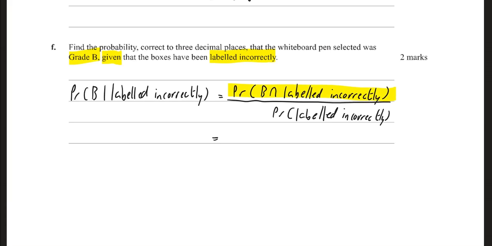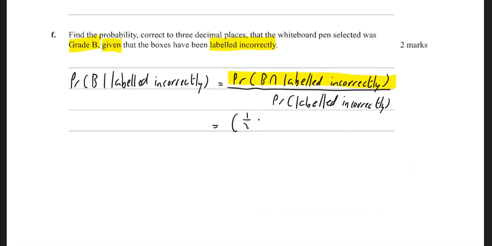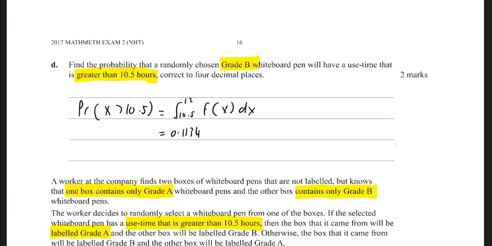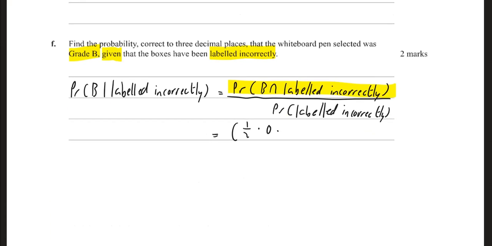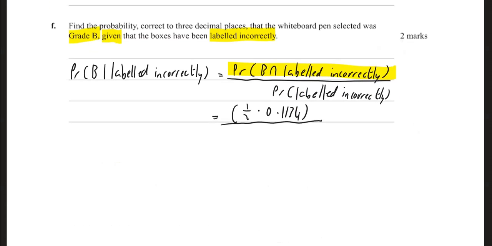This numerator here is essentially half times your answer from part D, sorry, part D. Yeah, that's 0.1134 divided by your answer from part E, because we just found that. That simplifies to 0.833.